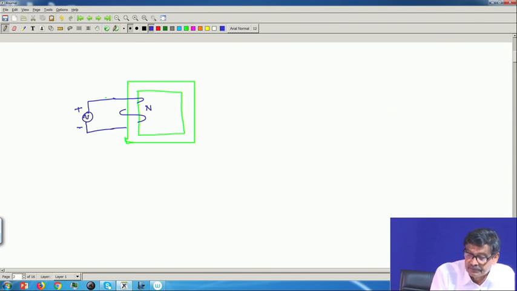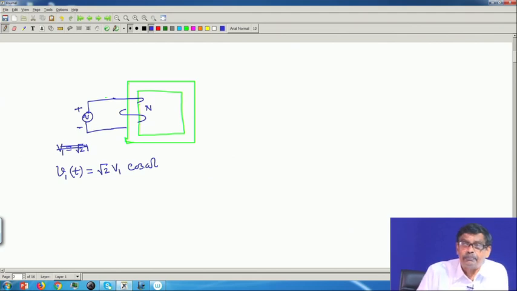This is an AC source of known voltage, for example, v1(t) is equal to root 2 V1 sin omega t, or some say cos omega t. I will write it as the applied voltage to this coil.